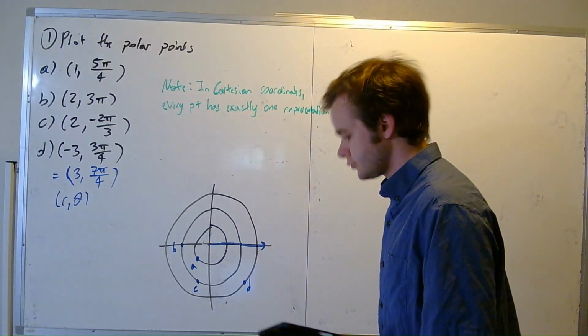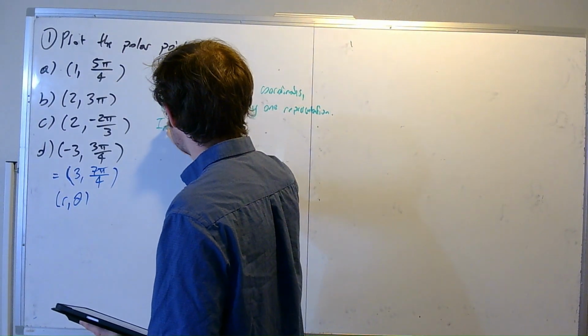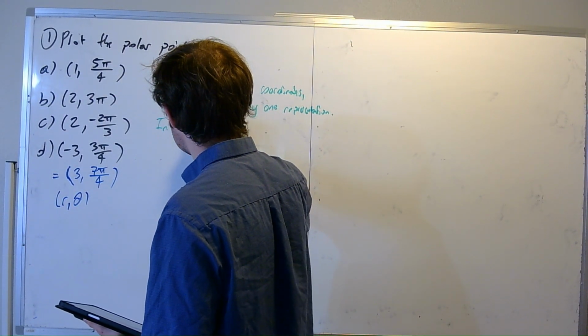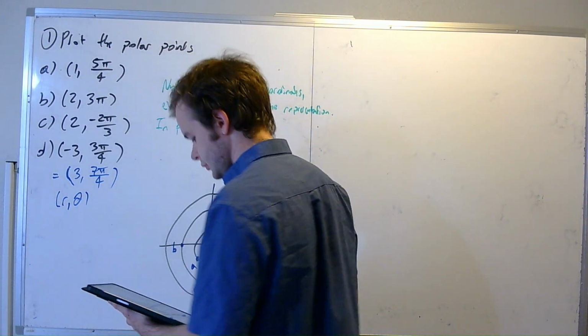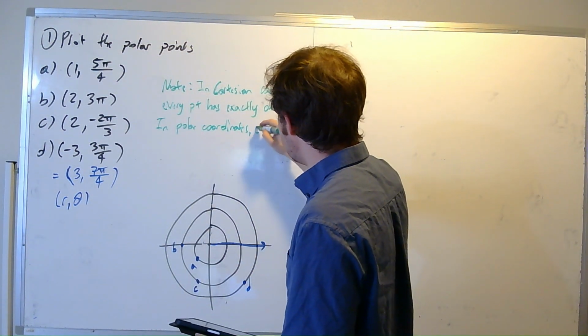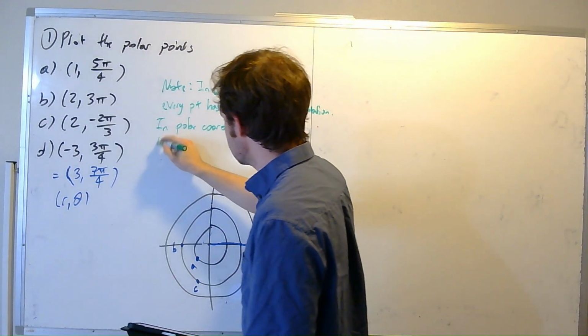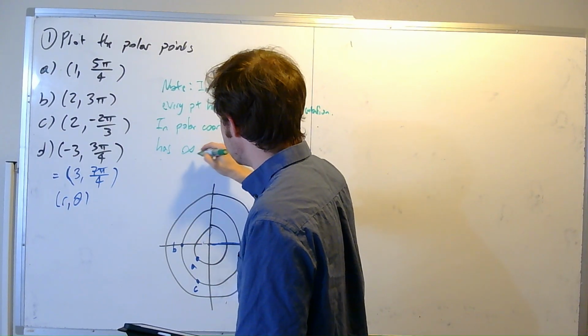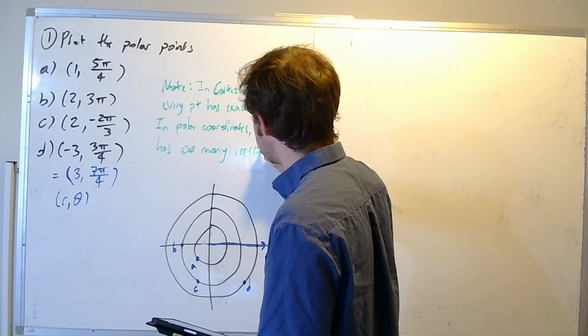But in polar coordinates, it's different because every point has infinitely many representations.